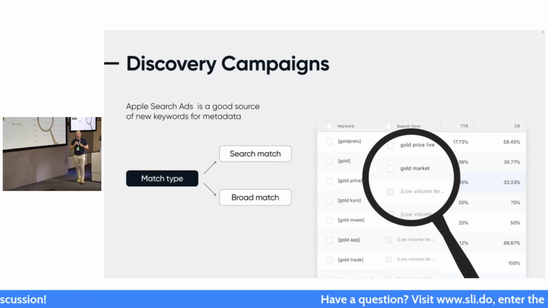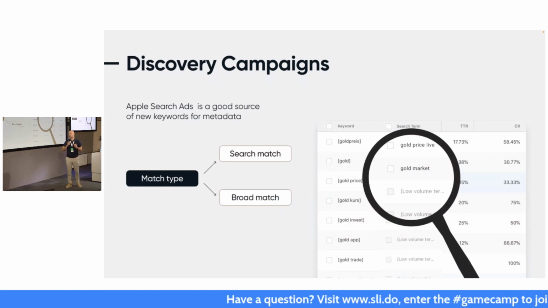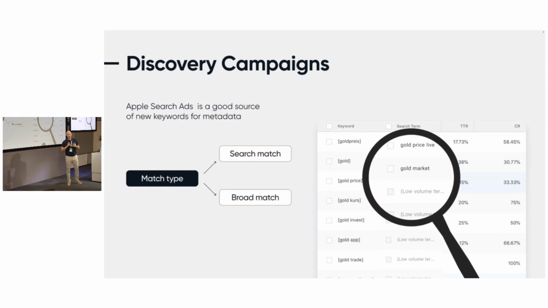Now, discovery campaigns, from the Apple Search Ads side. With Apple Search Ads you can run discovery campaigns and find new popular search terms to add to your main campaigns. You can also leverage these data, like search terms, for your metadata to increase visibility by these keywords.